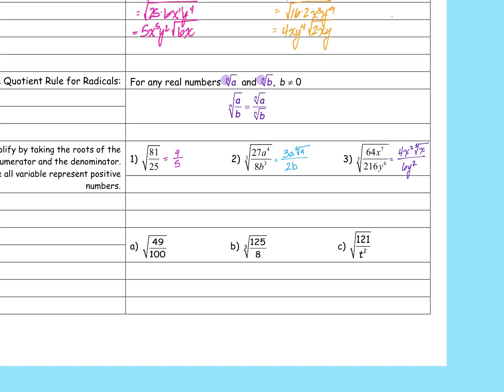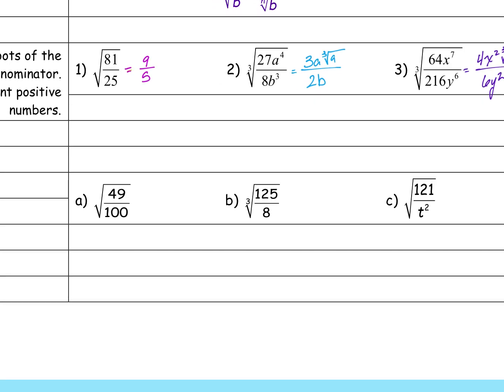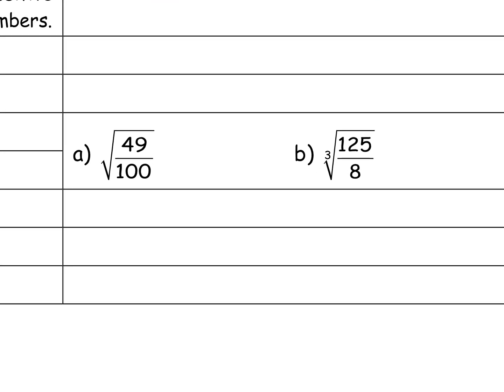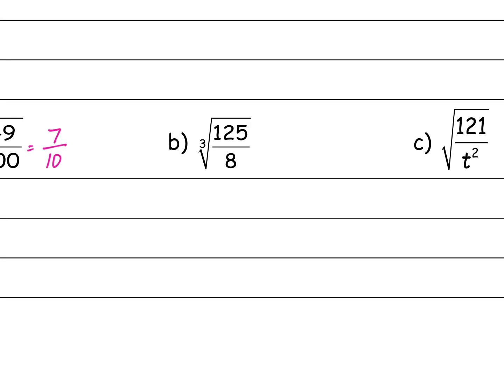Okay, so 3 problems. I'm going to give you just a few minutes. Okay, so what's the square root of 49 over 100? 7/10. And the cubed root of 125/8. Does anyone know what the cubed root of 125 is? 5/2.